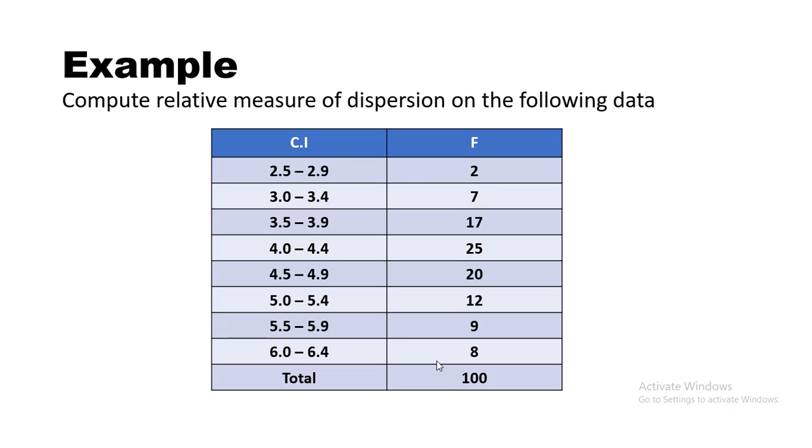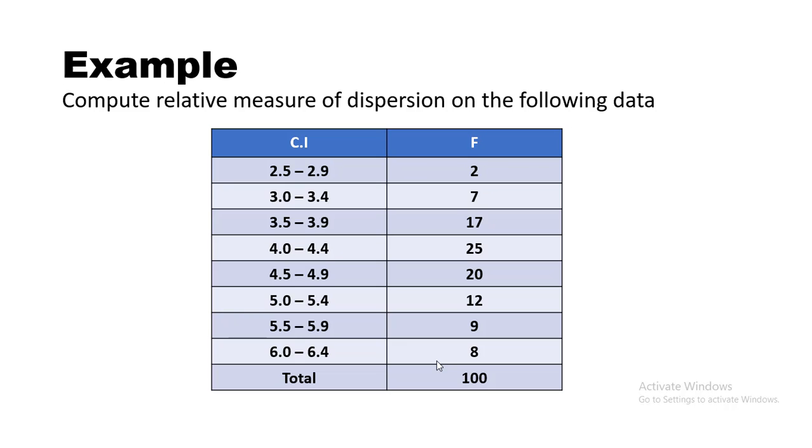Whatever measures we will be computing, whether it is range, coefficient of range, coefficient of quartile deviation, coefficient of mean deviation, or coefficient of variation, we need to keep in mind that the calculations are done the way they are done for group data.